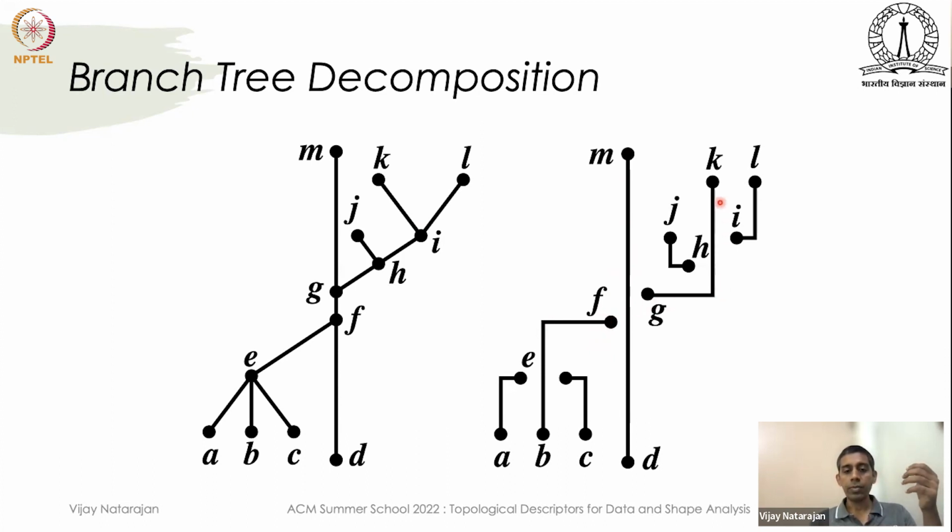And so on. This branch tree decomposition is a very natural representation because every node in this branch tree represents a feature, right? So essentially it's a dual representation. You go from nodes and arcs to branches and sub-branches.